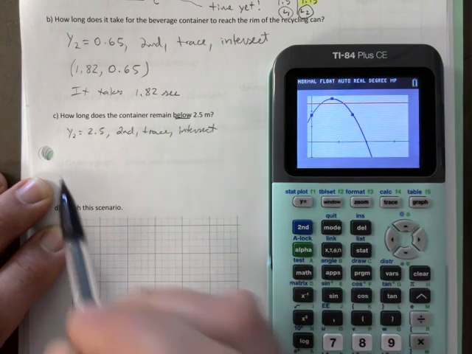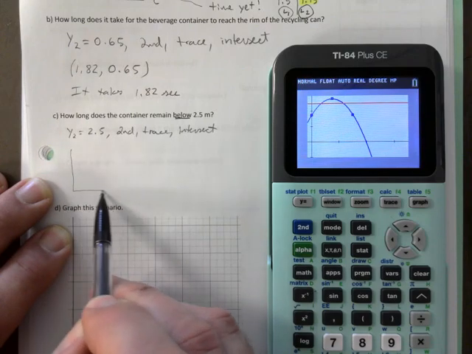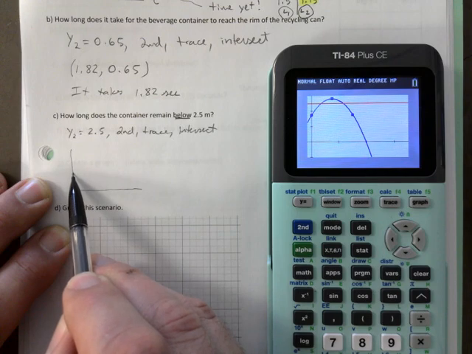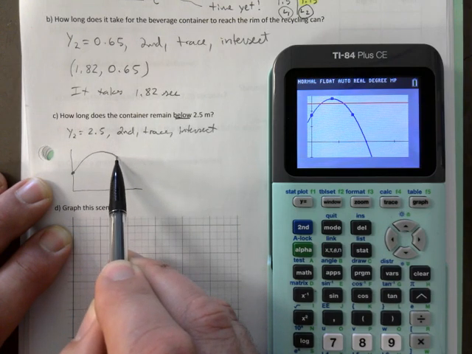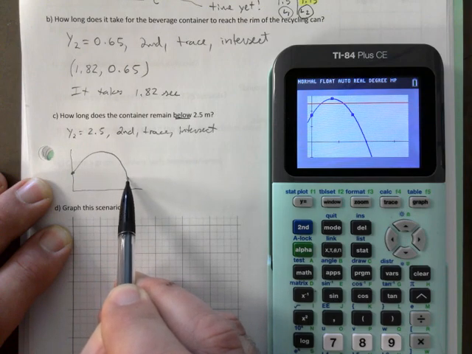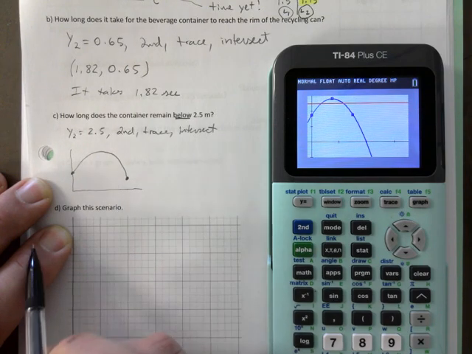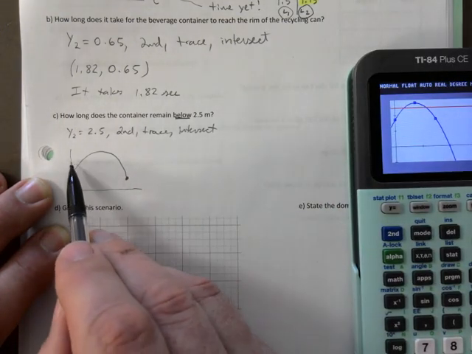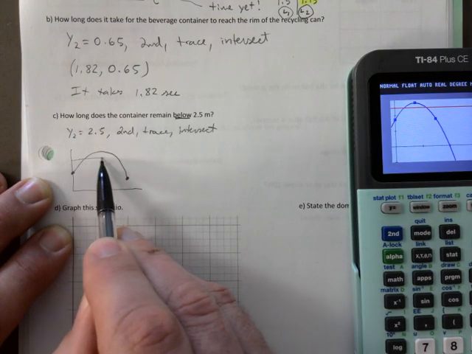Okay, so I'm going to actually sketch this out. For us, our story starts at 1.75, goes up and then lands on the rim. Okay, so it's just a sketch. So the 2.5 line is right about here.